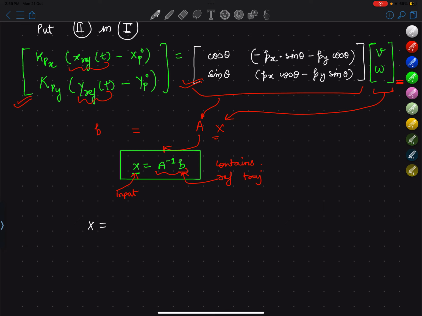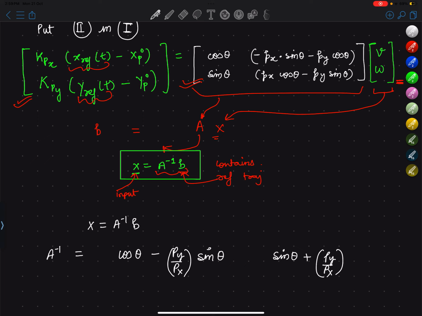So x equals A inverse b, and A inverse can be given as: cos theta, sin theta; minus sin theta by px, cos theta by px, with the py terms also coming from sensors.